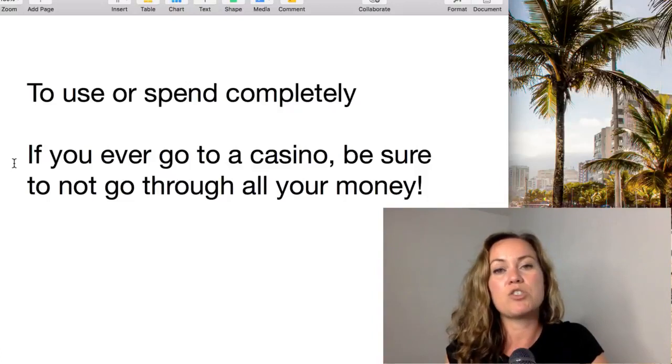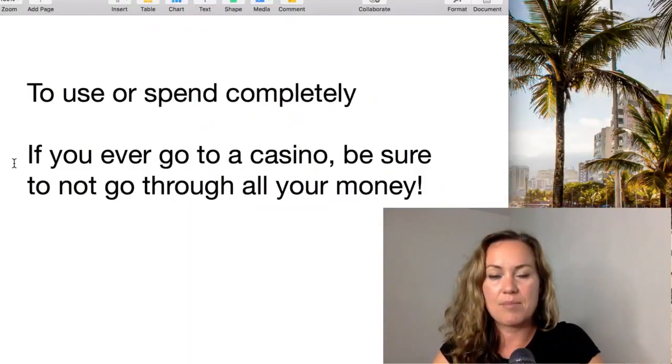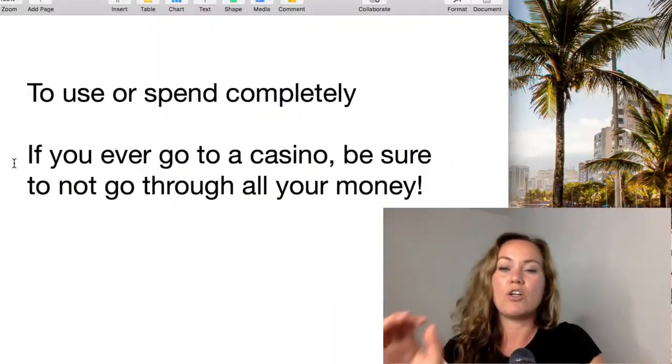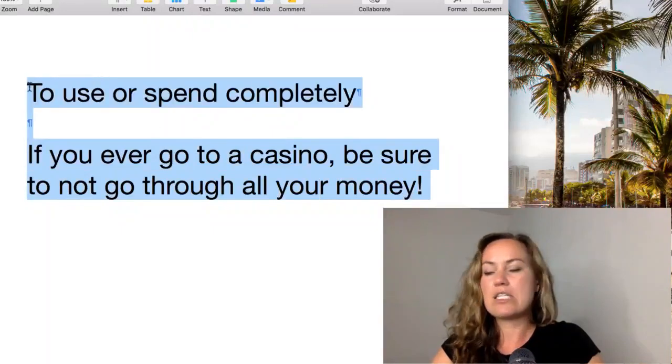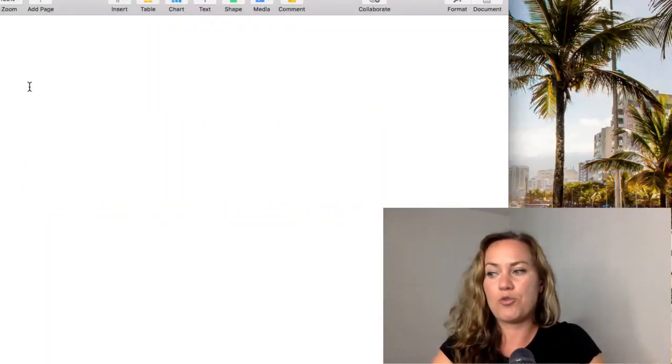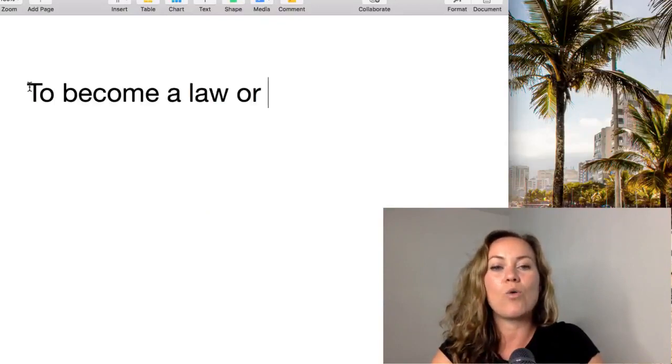So some phrasal verbs you can separate, but with go through, 99% of the time, you're going to keep go and through together.